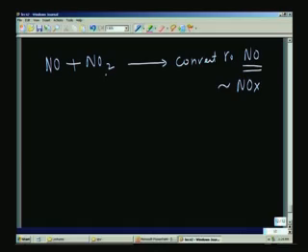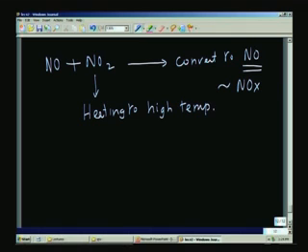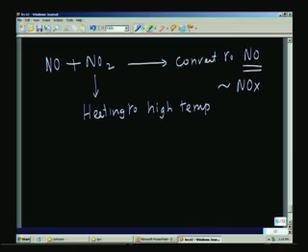NO2 has two oxygen, NO has only one oxygen, so I have to reduce the NO2. How is it done? It is done very simply by heating to high temperature. If I heat to high temperature, nitrogen dioxide is converted to nitric oxide. Even if I cool it subsequently, it does not become NO2 again, because it takes a long time for that to happen.